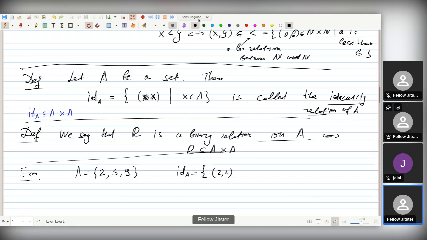What do you mean? So we can only choose the identical element, the element in itself, only that. Yes. So how many do we have? 3. Exactly. 2, 2, 5, 5, and the last one? 9, 9.